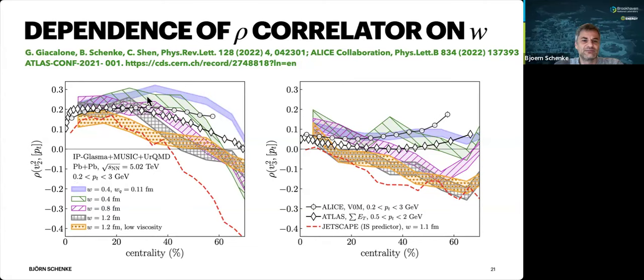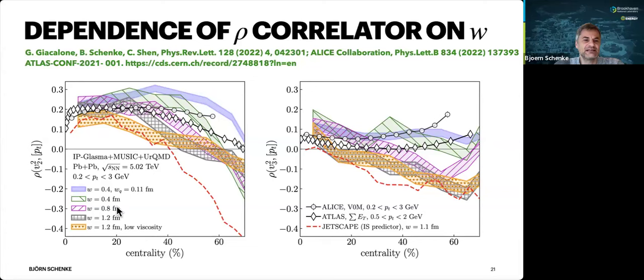The blue line is our standard calculation in the IP-Glasma plus MUSIC, where we have the substructure. So that's using the w of 0.4 Fermi and substructure of 0.1. And then you see the blue one, okay, it's a little bit above for v2, and it's basically on the data for v3 pT correlations.